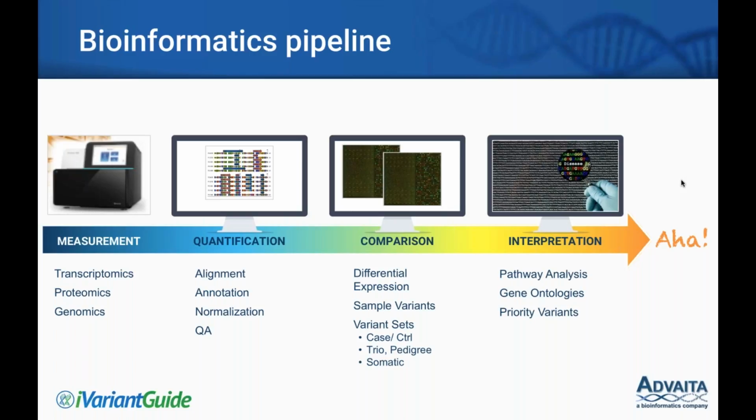There's also alignment and normalization and QA that goes into this step, so that at the end you end up with an entire sequence in the form of a FASTQ or FASTA file.